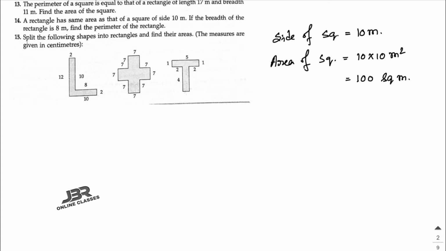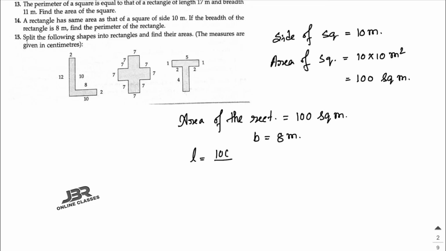Now the area of the rectangle is equal to the area of the square. So you can write here, area of the rectangle is equal to 100 square meter. Now if the breadth of the rectangle is equal to 8 meter, then the length is equal to 100 divided by 8, and that is equal to 12.5 meter.